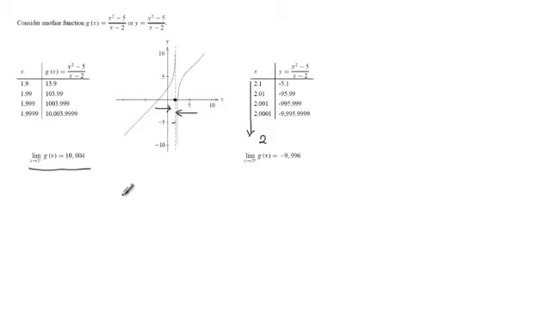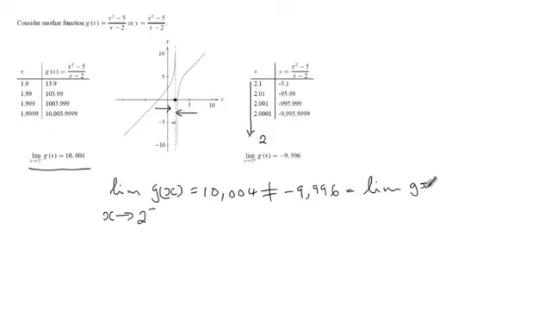In this case, the limit of g of x as x is approaching 2 from the left is equal to 10,004, which is not equal to minus 9.996, which is the limit of g of x as x is approaching the same number 2 but from the right.